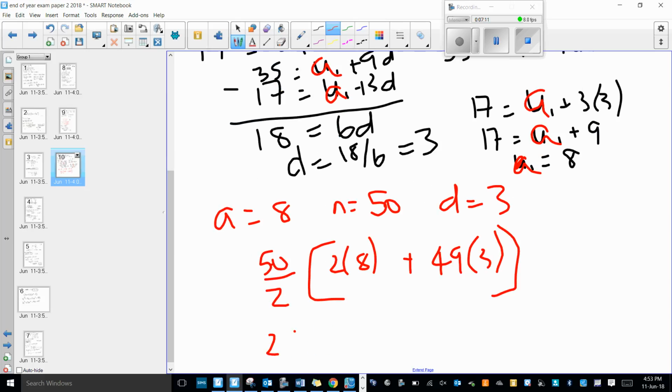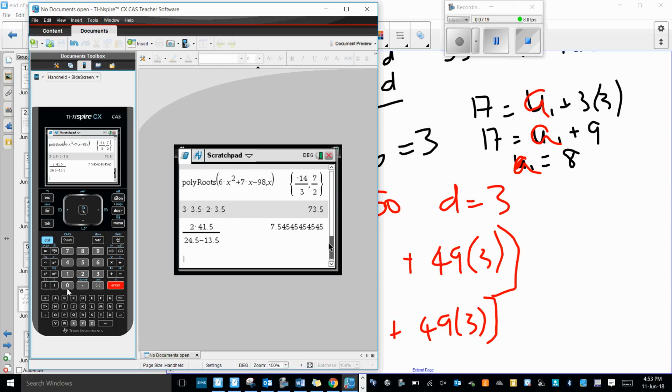So 16 plus 49 multiplied by 3. Again, you've got to follow their maths, or just chuck it in the calculator. So 25 multiplied by, open up bracket, 16 plus 49 multiplied by 3, close bracket, which gives 4075.